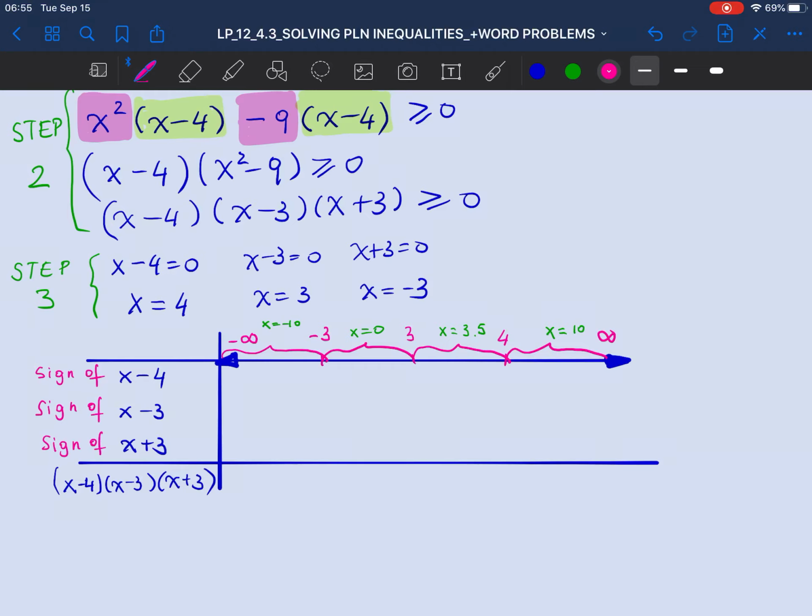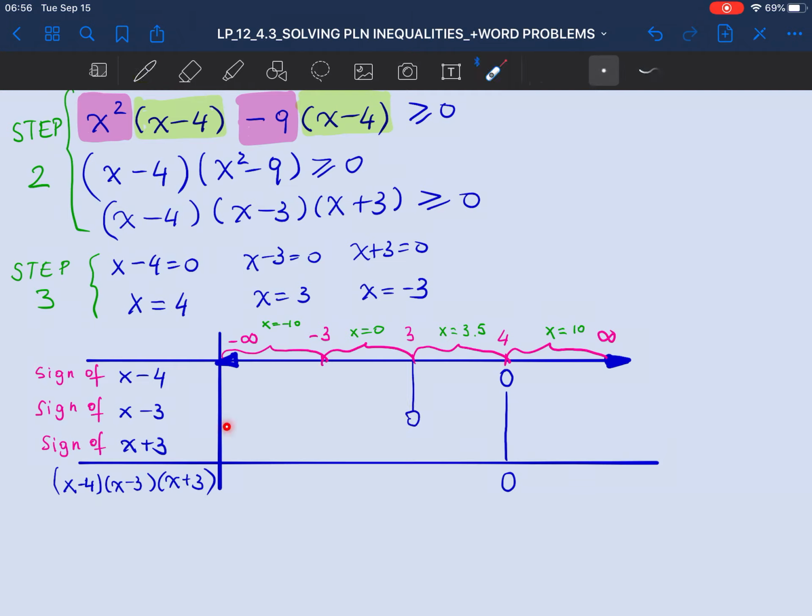So we start with the zeros of each factor. x minus 4 will be 0 at x equals 4, and at x equals 4 the whole product will become 0. Next, we have x minus 3, which will be 0 at x equals 3.